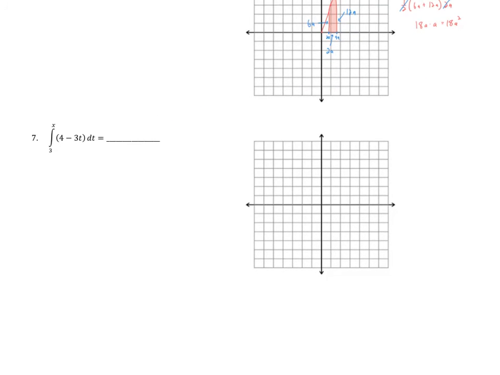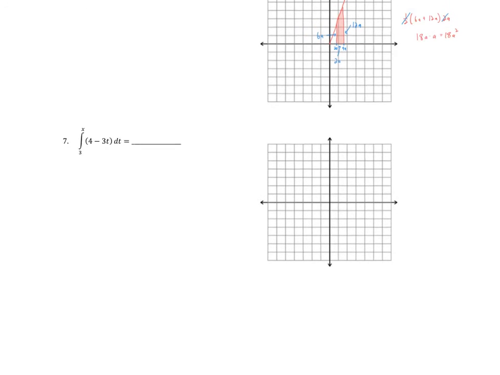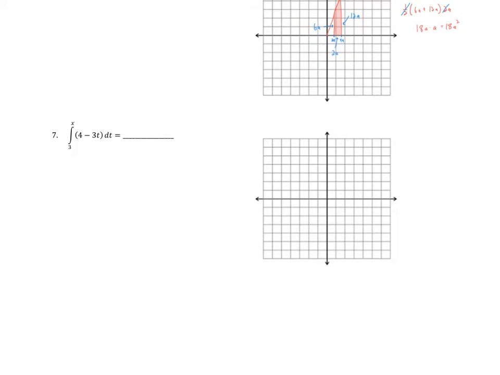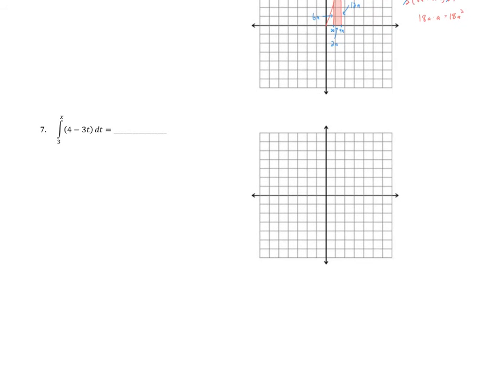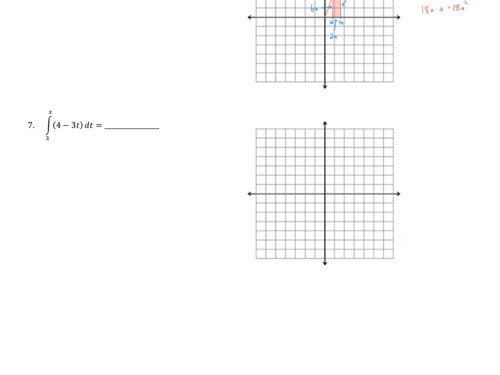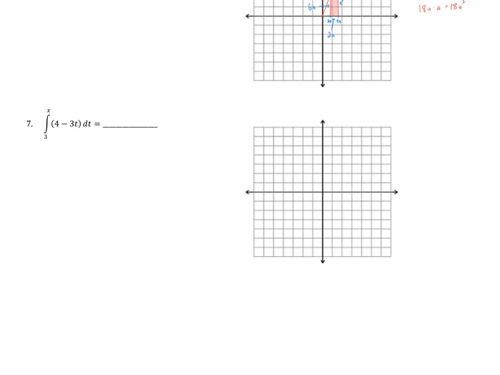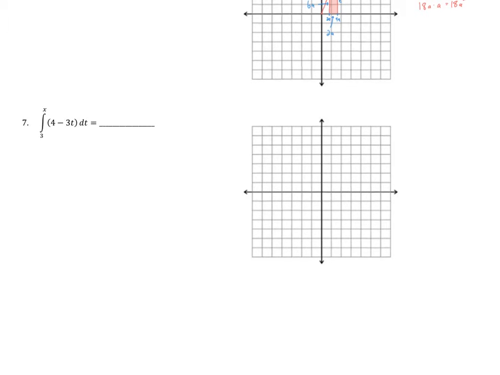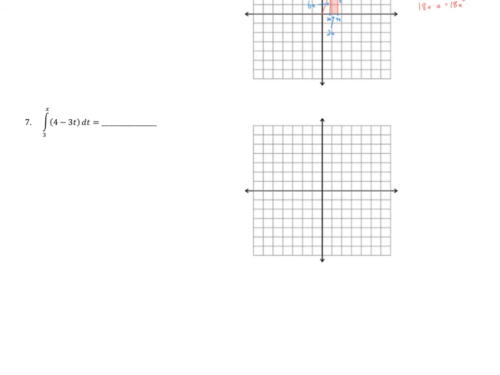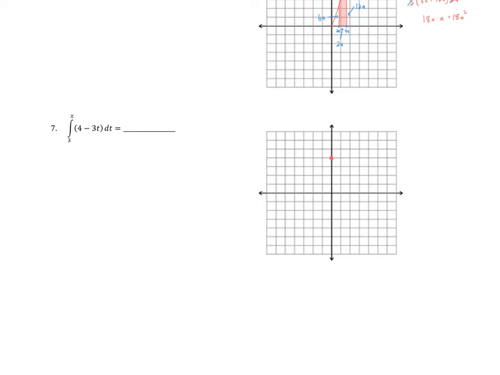Okay, next one. This is one of those accumulator functions. Okay, so this answer will be in terms of x. Okay, so we want the area from 3 to something, 3 to x, of 4 minus 3t. Okay, so for the y-intercept, it's going to be 4. And then this has a slope of -3, like here.